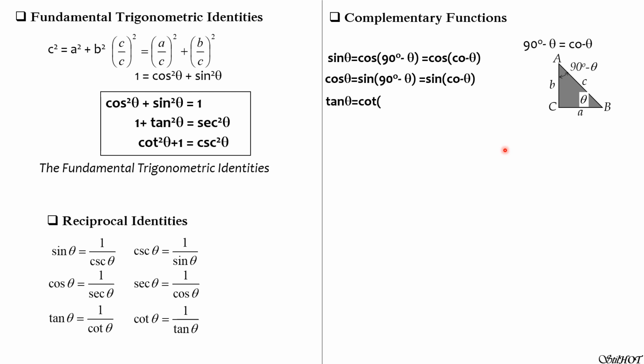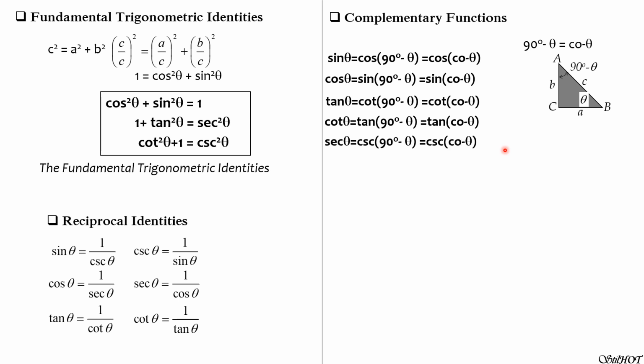Tangent theta is cotangent of quantity 90 degrees minus theta, or cotangent of cos theta. Cotangent theta is tangent of quantity 90 degrees minus theta, or tangent of cos theta. Secant theta is equal to the cosecant of quantity 90 degrees minus theta, and it is cosecant of cos theta also. Cosecant theta is secant of quantity 90 degrees minus theta, and it is also secant of quantity cos theta.